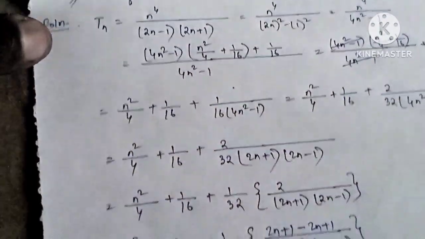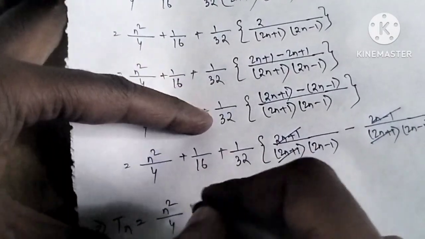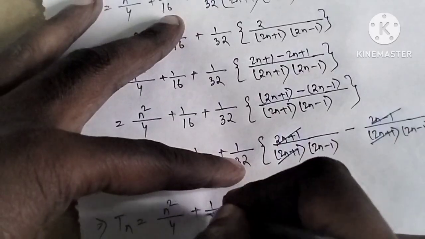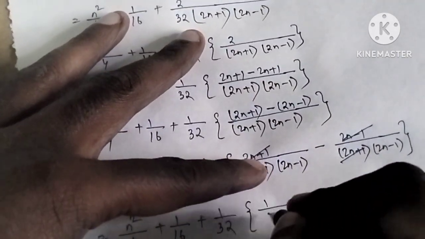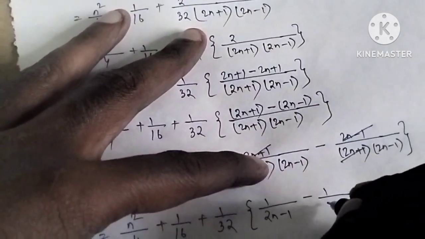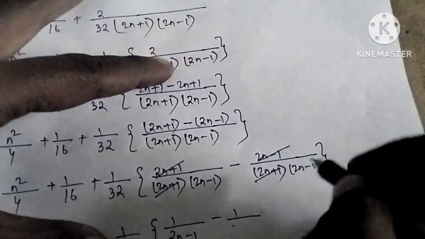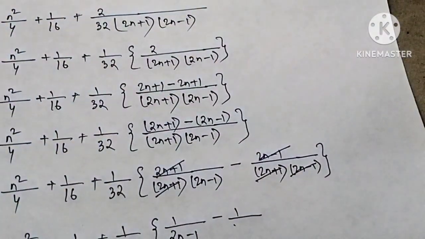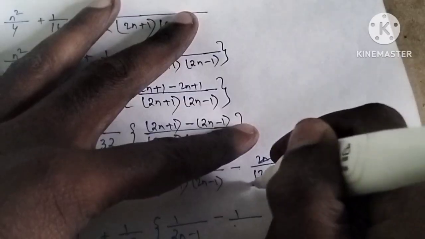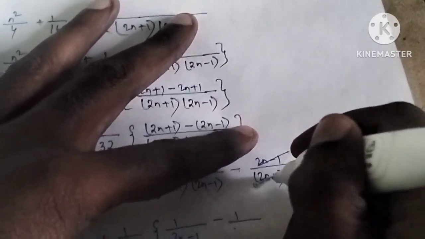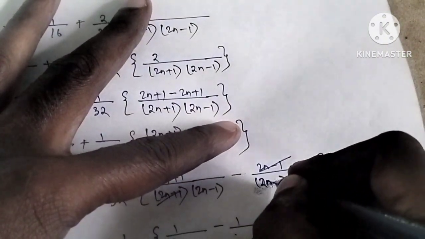Okay, so tn is ultimately coming out as n square by 4 plus 1 by 16 plus 1 by 32 into 1 by 2n minus 1 minus 1 by 2n plus 1.